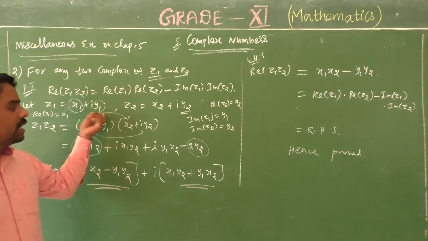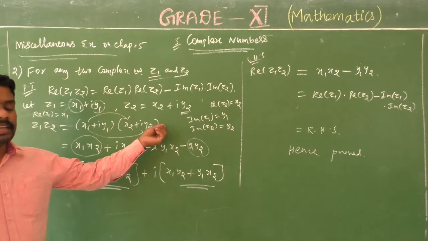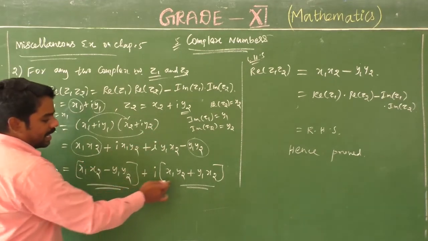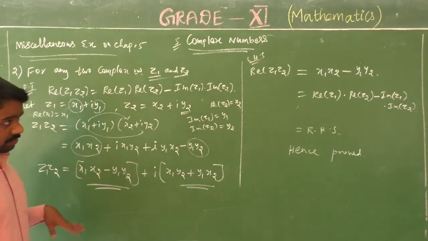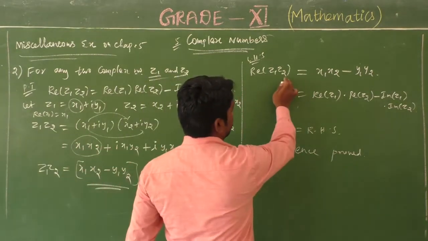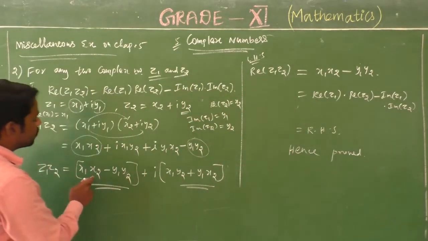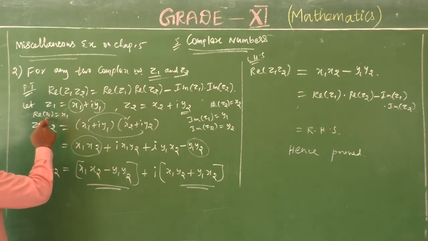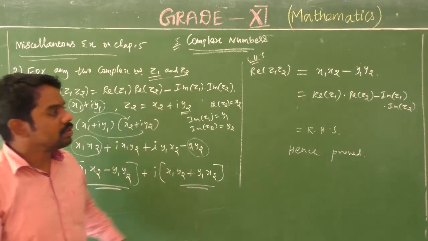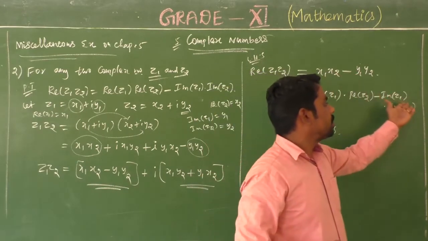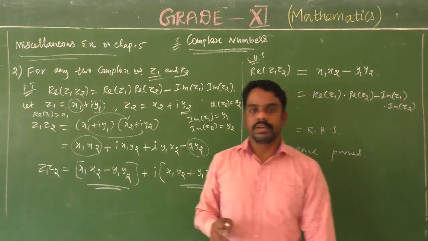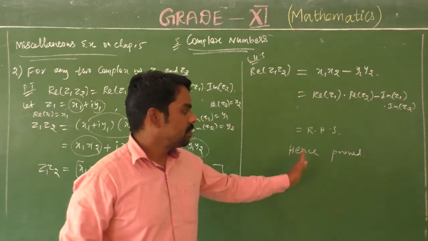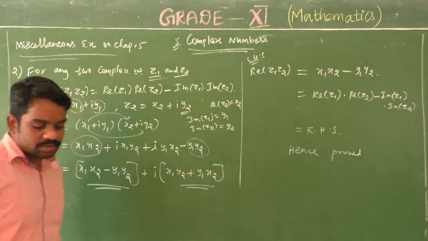Simplify this: real part plus imaginary part. We have real part of z1 z2, so take real part x1 x2 minus y1 y2. Here x1 is real part of z1 and x2 is real part of z2, and y1 is imaginary part of z1 and y2 is imaginary part of z2. Okay? Right. Equal to RHS. Answer. Okay? Right. Next question.